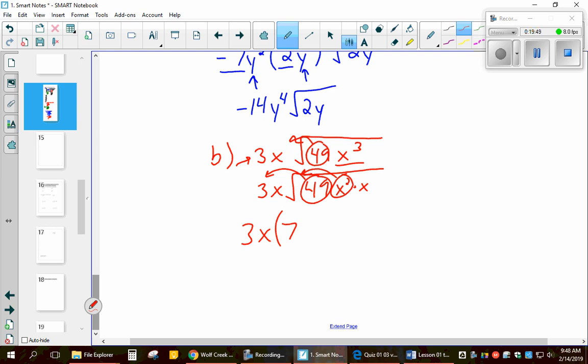And then x squared came out as an x. And then I still have an x trapped under the square root. Okay, and then last thing left to do is just actually multiply these guys. So 3 times 7, we've got 21. And then x times x is x squared, then square root of x.